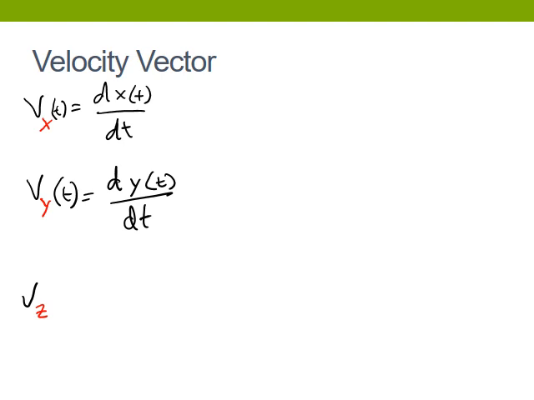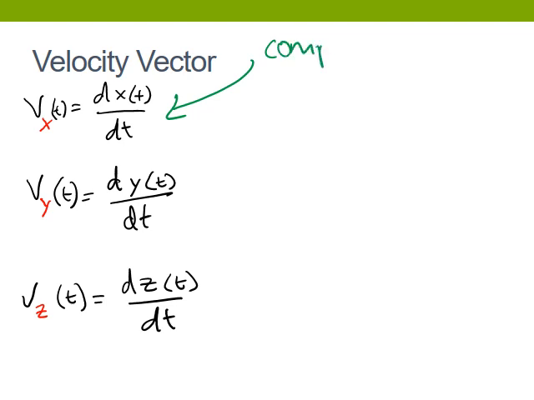And to find my velocity in z, or the z component of my velocity vector, I would take the derivative of the z component of my position vector with respect to time. So all of these are the components of my velocity vector.